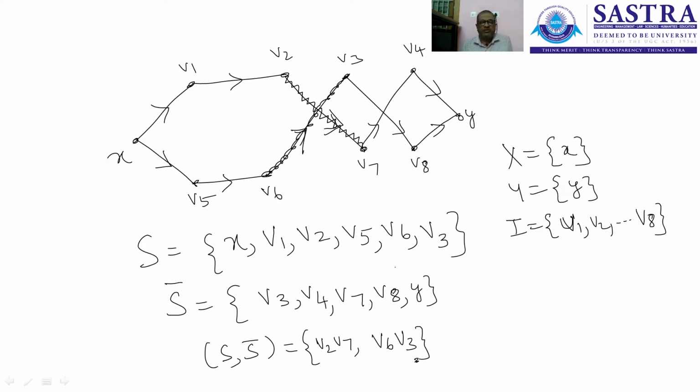So here you have (S, S bar) as the set of edges whose tail is in S and head is in S bar. And similarly here (S bar, S) is empty. You don't have any arc whose tail is in S bar and whose head is in S.